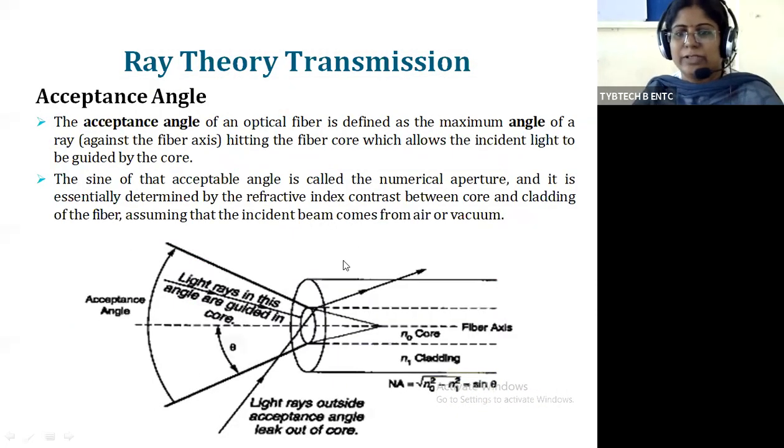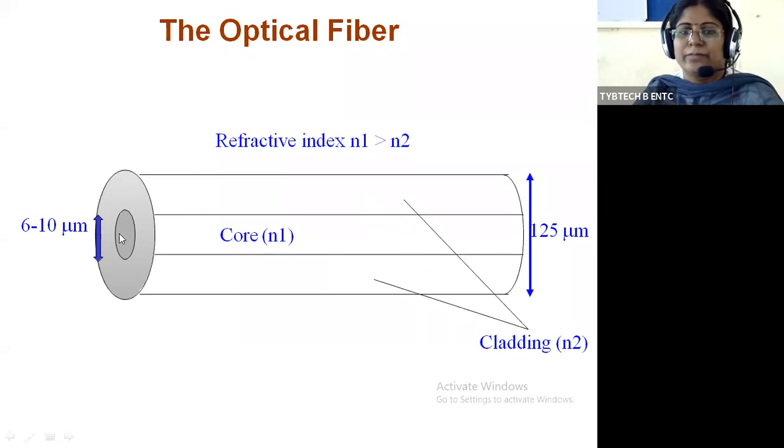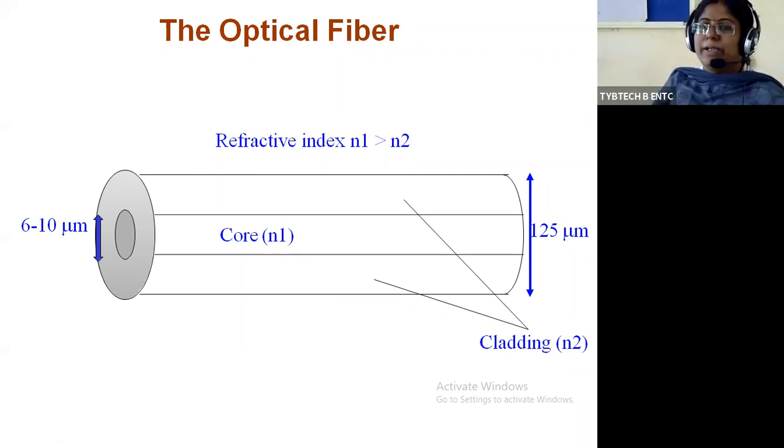Okay, so there was one diagram, no? See here. N1 is here, N2 is here. So what is the basic condition? N1 should be greater than N2. First thing you understand, for ray theory of light to work in the optical fiber with total internal reflection, the very first basic condition is N1 should be greater than N2. It means the refractive index of core should always be greater than the refractive index of cladding.